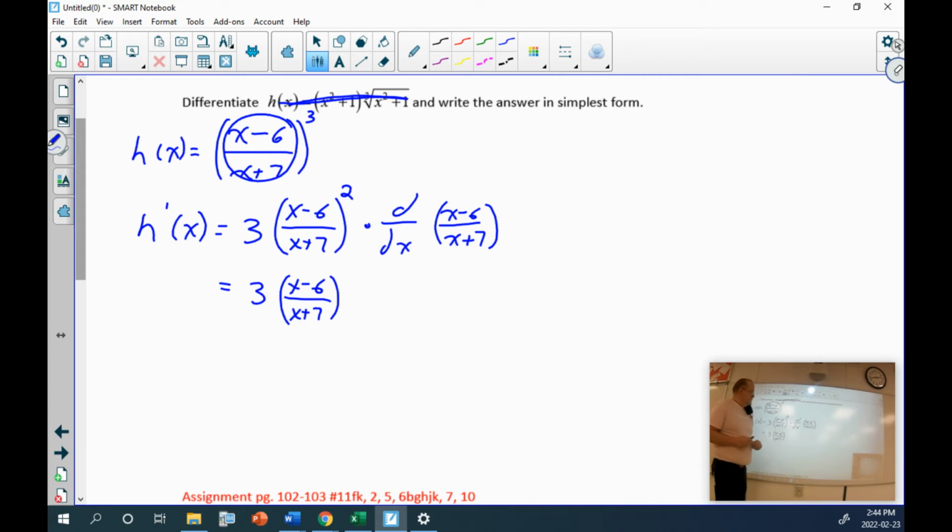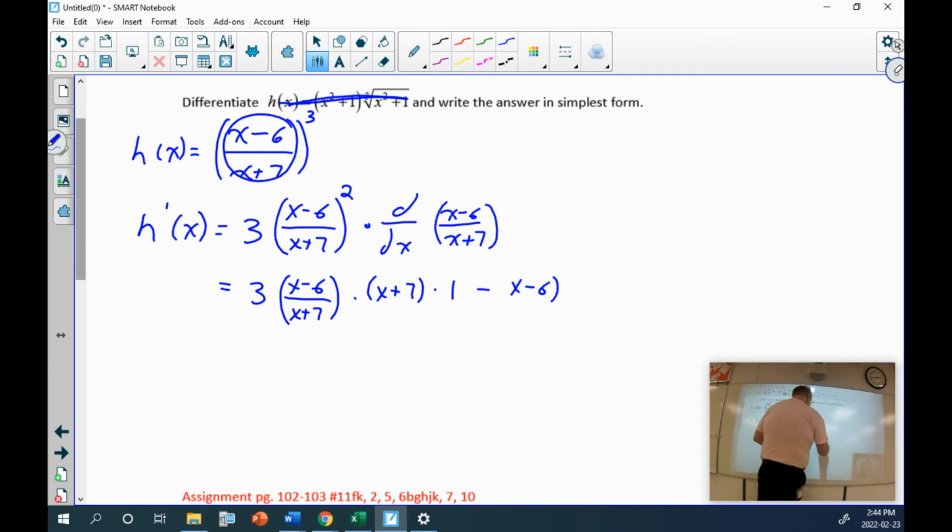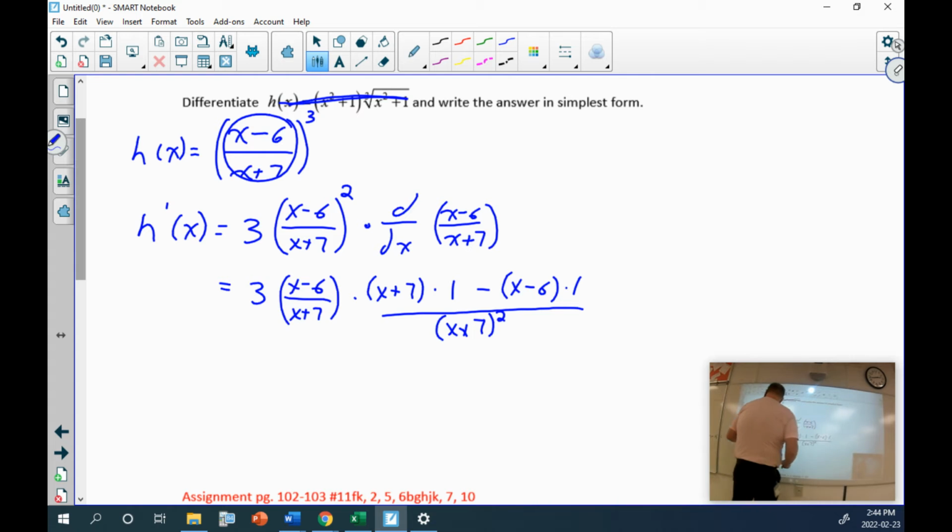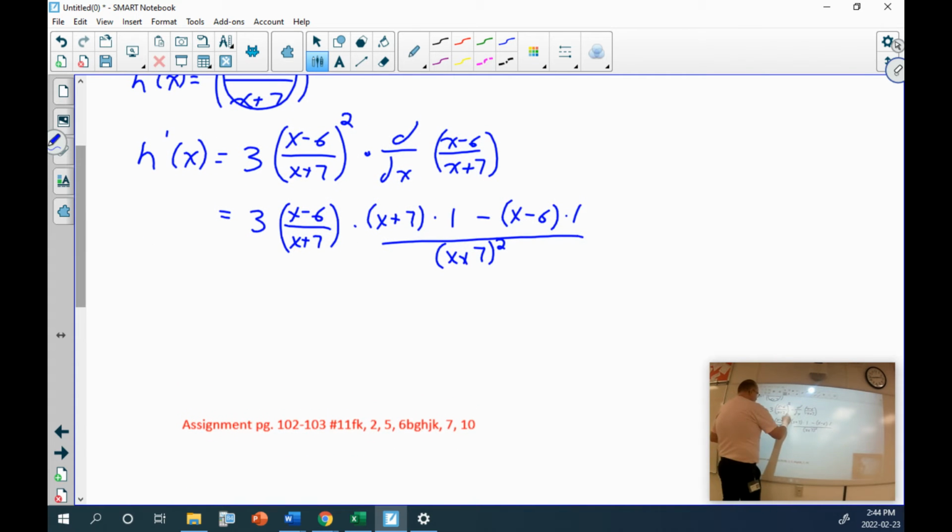So we have a quotient rule, so that would be x plus 7 times 1 minus x minus 6 times 1, over x plus 7 squared. There should be a squared there. Yeah. I thought you were talking about in there. I'm sorry, I thought you were talking about in there.